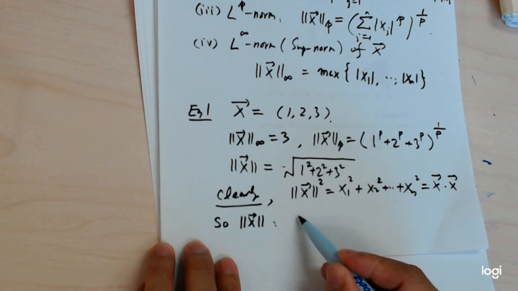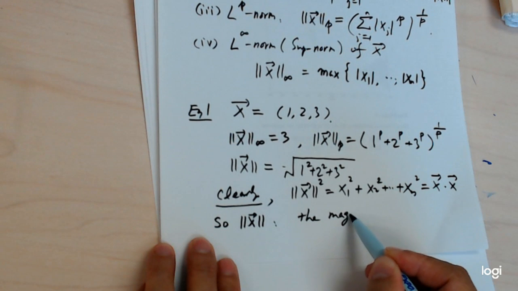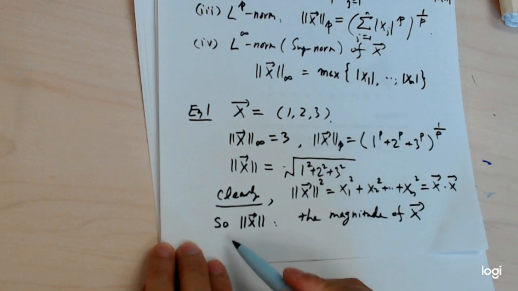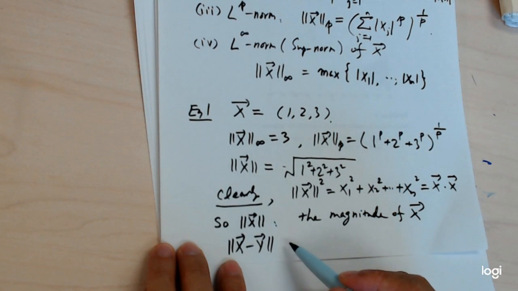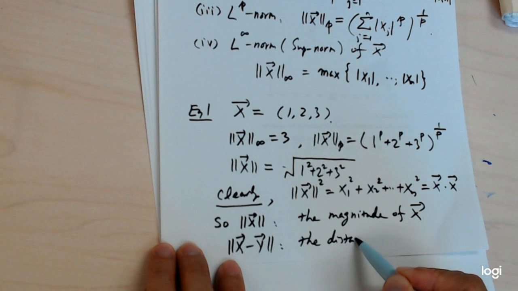So this measures the magnitude of x. And if you use x minus y, this actually measures the distance between those two vectors.